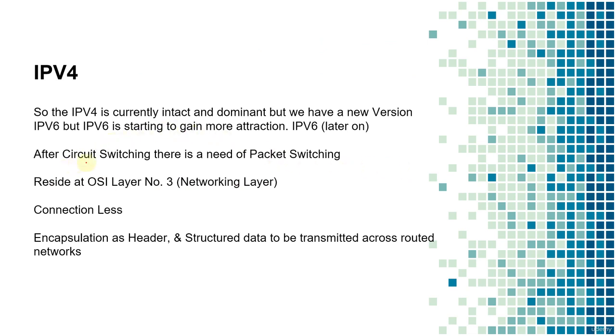So after circuit switching, there was a need for packet switching. I'm going to take you back to history, when we had telephone lines connected with some wires. We have one telephone here, another telephone here, and these are circuit switching connections.